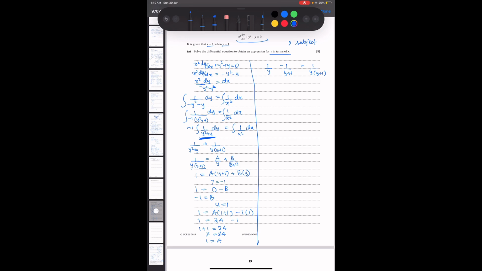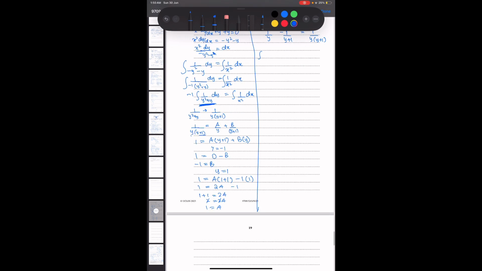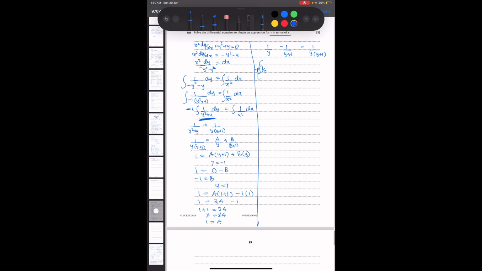So now we have the integration of, remember we also had this minus sign over here, so this whole integration will be multiplied by minus. So integration of 1 upon y with respect to y minus integration of 1 upon y plus 1 with respect to y is equal to integration of 1 upon x squared with respect to x.